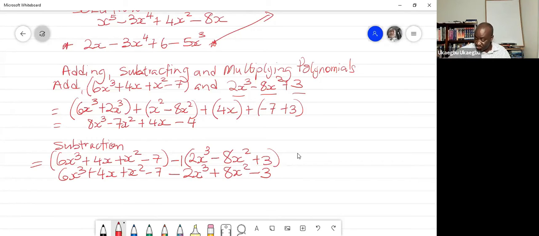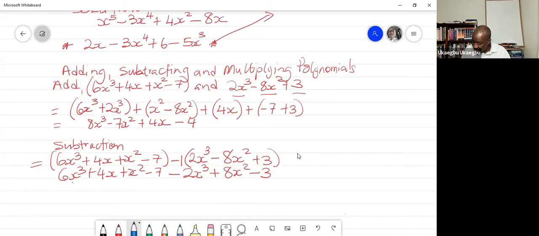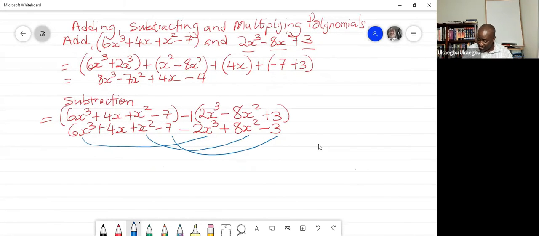I just did it in such a way that I will avoid making mistakes. So now you combine the like terms. You combine this and this, and this and this, and this and this. If we do that, what's the first term now?